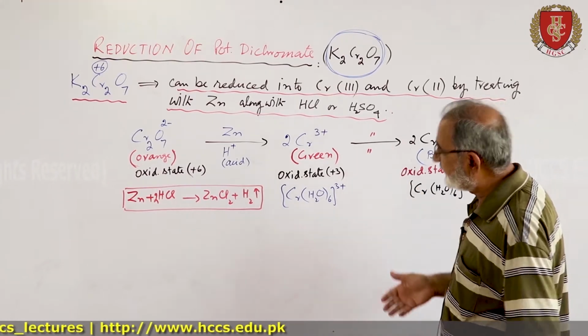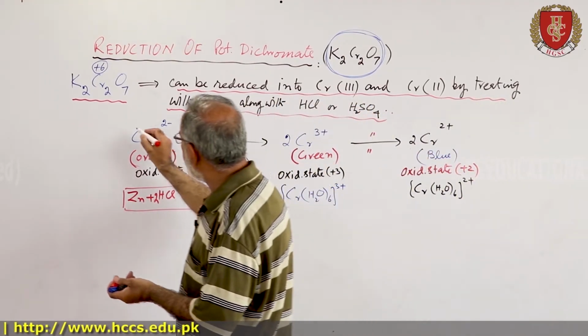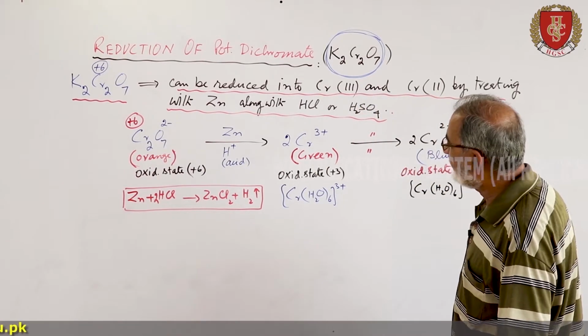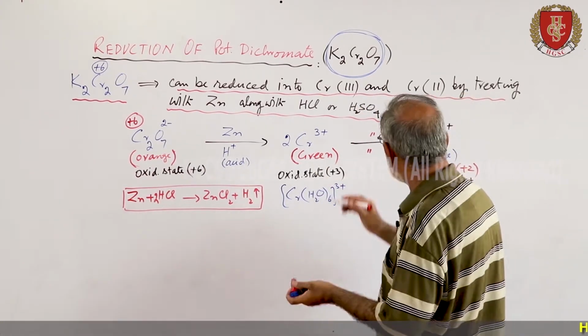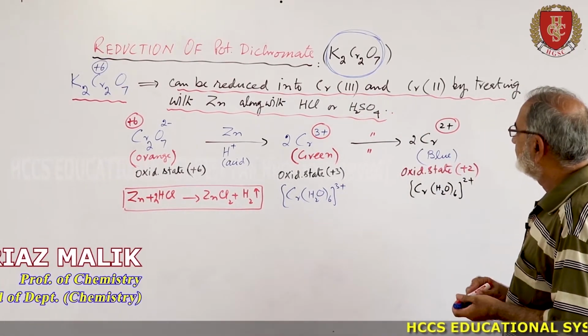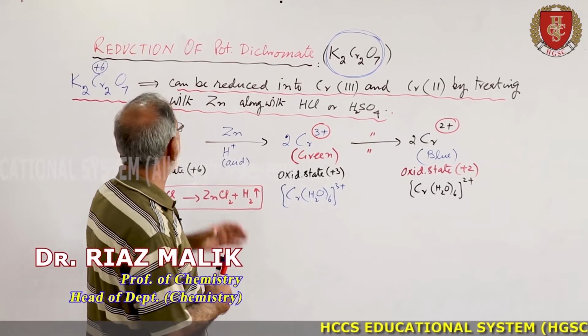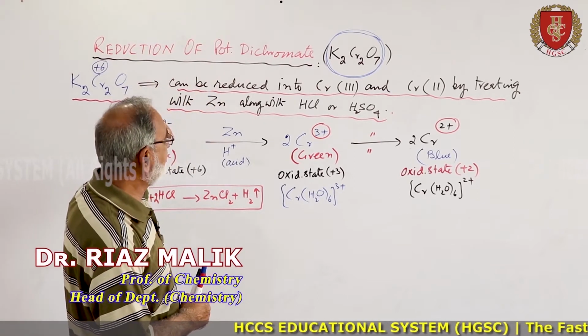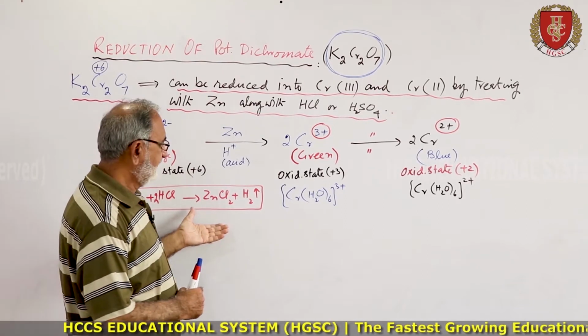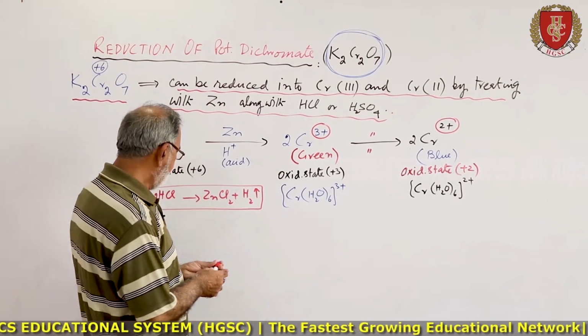It is reduced basically. Here the chromium is +6, so it reduces to +3 and then it reduces to +2. So this is in fact the reduction of potassium dichromate, and this can be shown by the experiment as well.